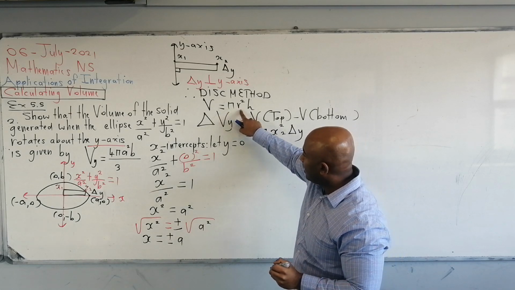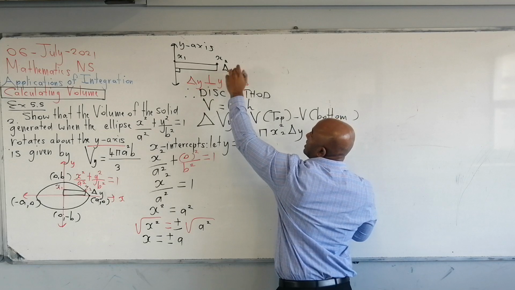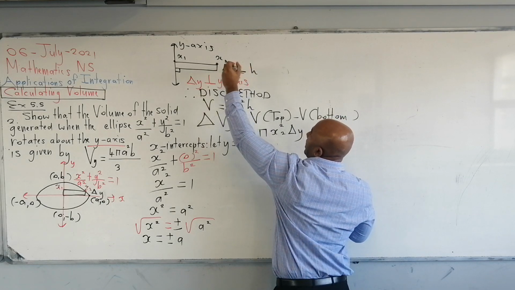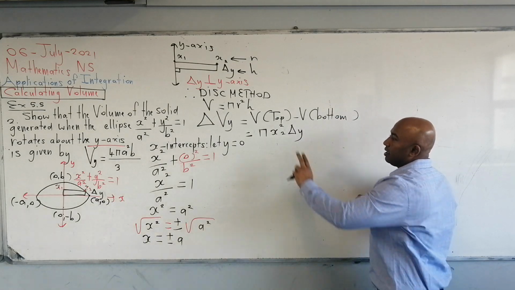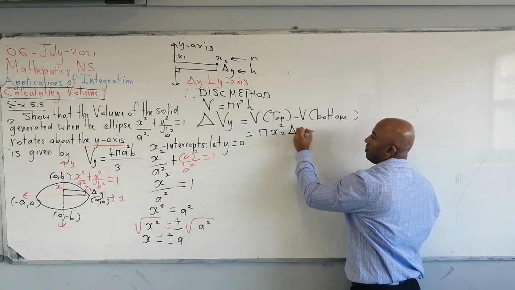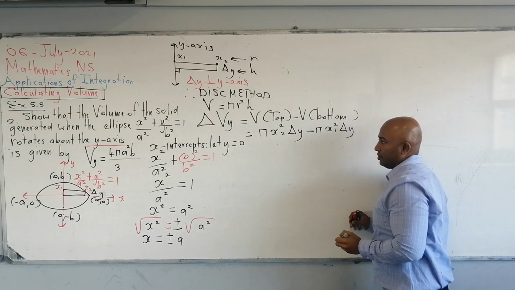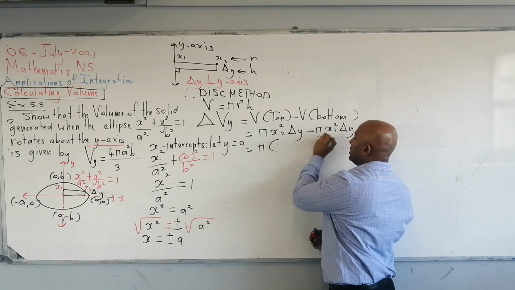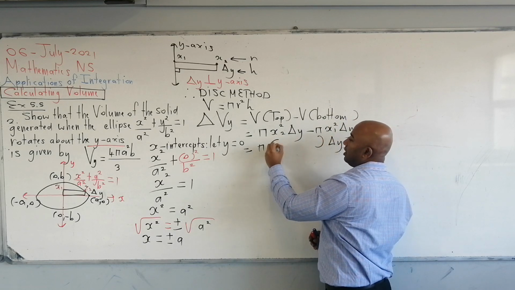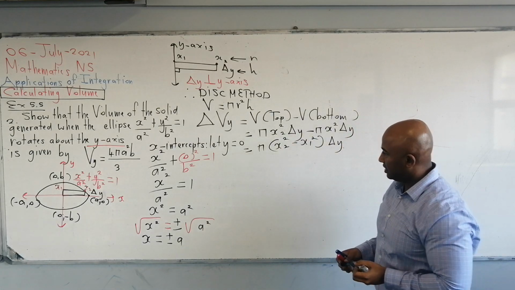Pi times r squared times h. So you know this here is the height and this is the radius. So it's going to be pi x2 squared delta y minus pi x1 squared delta y. Take out a common factor of pi and delta y, so I'm left with x2 squared minus x1 squared.